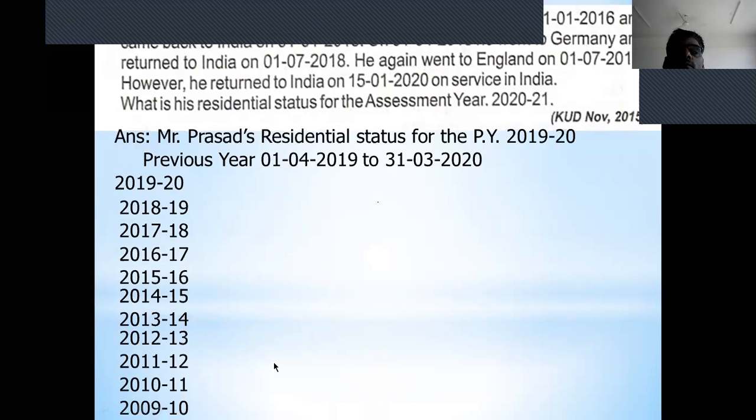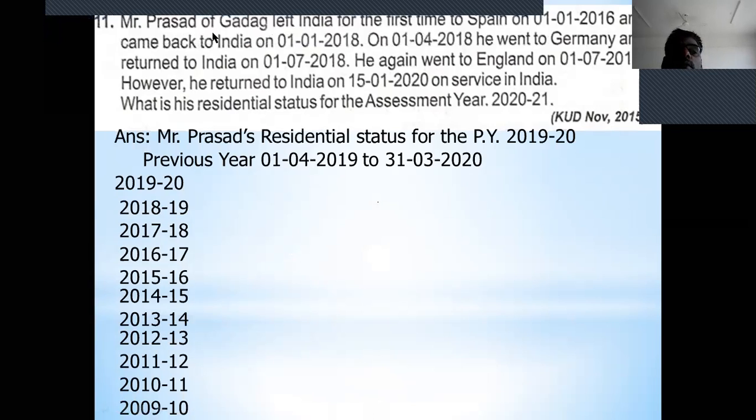Okay. You see here, Mr. Prasad left India the first time on 1/1/2016. He left means he is not in India. Before this, he is in India. And he came back to India on 1/1/2018.